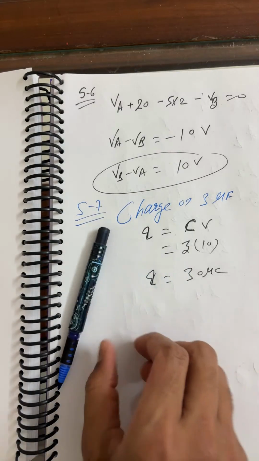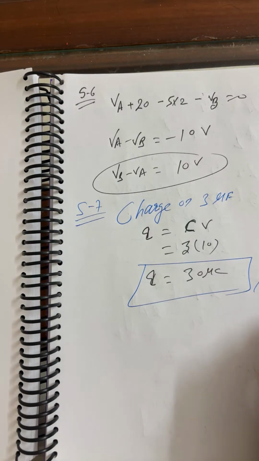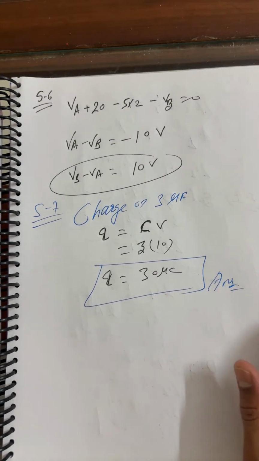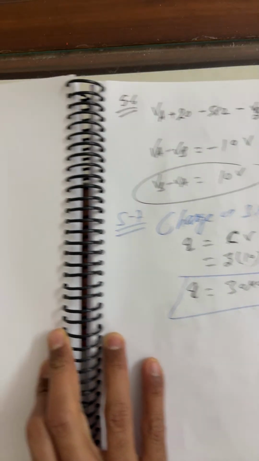So this is the answer to this question. Right, so it's not tough at all. All these things require huge concentration and practice of numericals. Practice of numericals is very much required for this pattern of questions. Right, my dear?